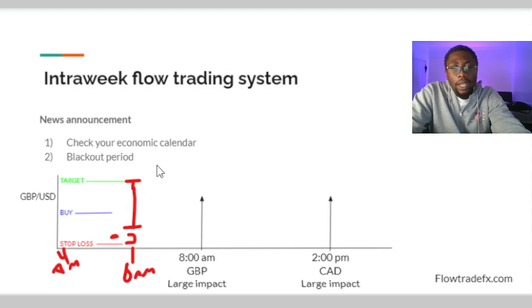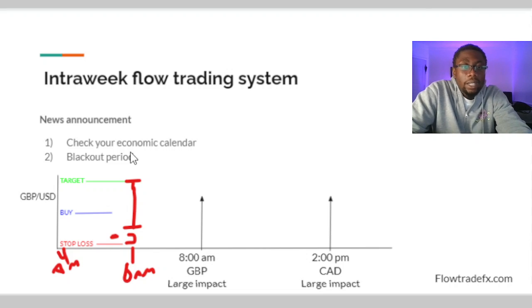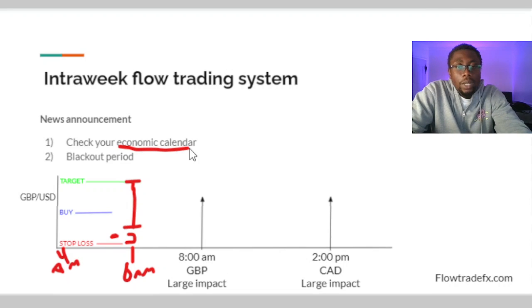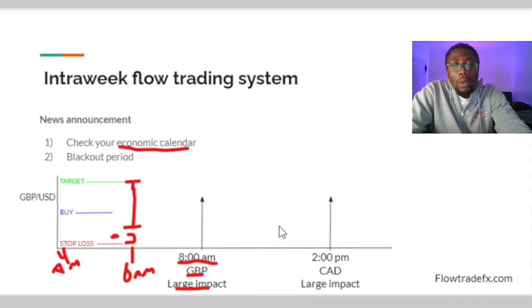And then to be able to implement different understandings of economic calendars and blackout periods, which you're going to want to adopt into your daily routine as well. Practice looking at the economic calendar, noting the large impact news of the day, for what currency pairs and at what time they are coming out, marking them on your chart or in your notes somewhere to reference when the time comes.